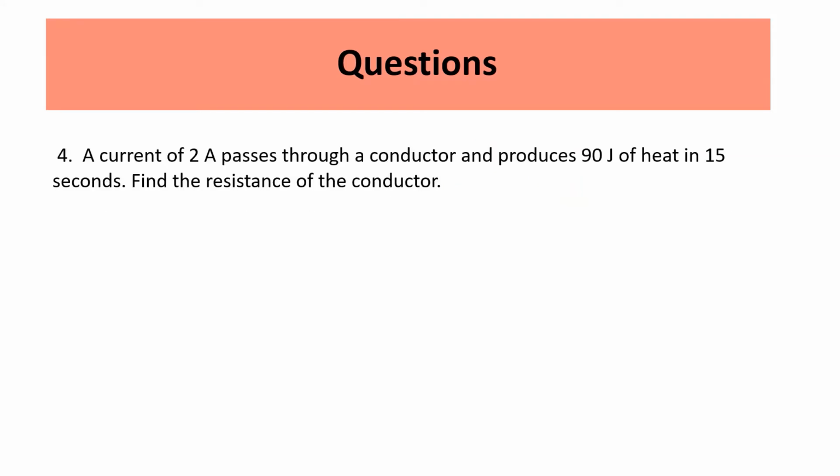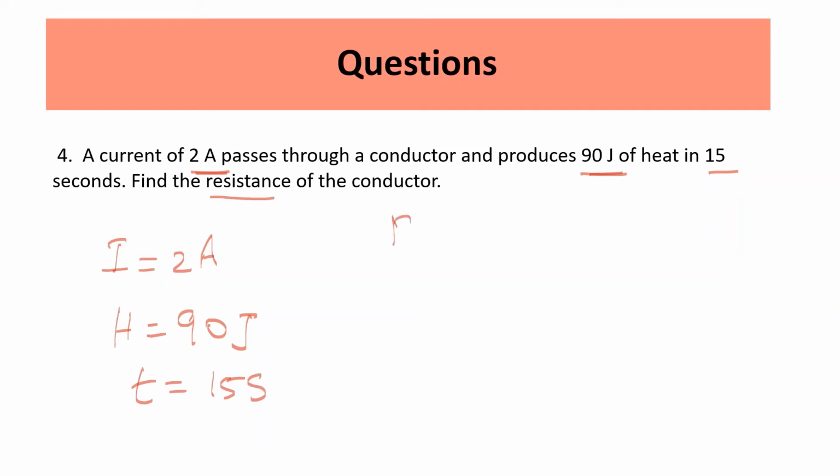Question number 4. A current of 2 ampere passes through a conductor and produces 90 joule of heat in 15 seconds. Find the resistance of the conductor. Current I is given as 2 ampere and H is given as 90 joule. Time is equal to 15 seconds. We need to find out the resistance R. We know the expression H is equal to I squared RT.